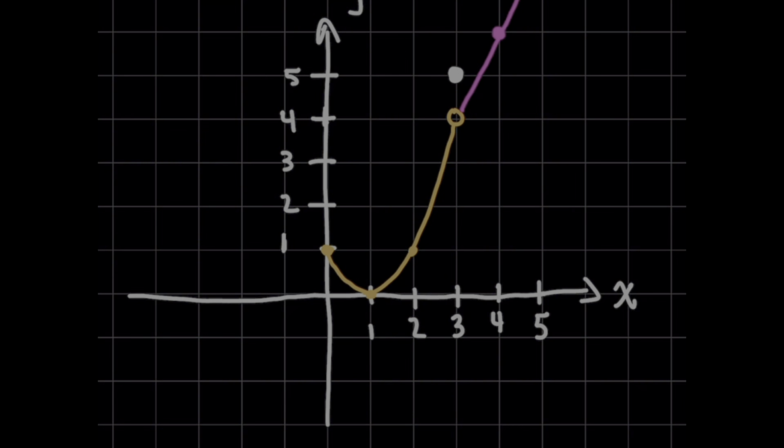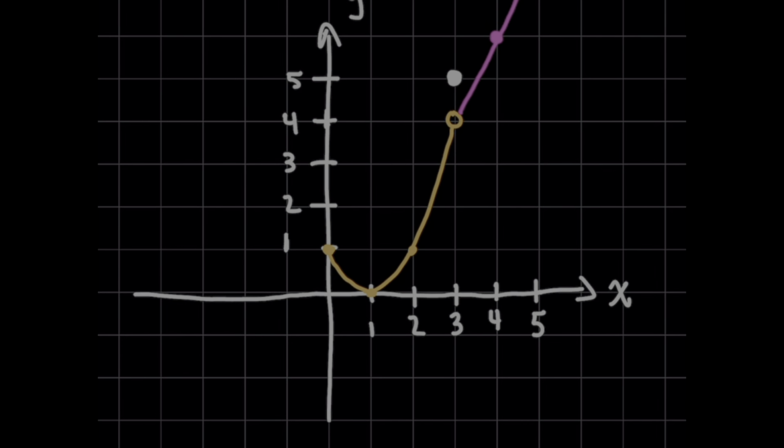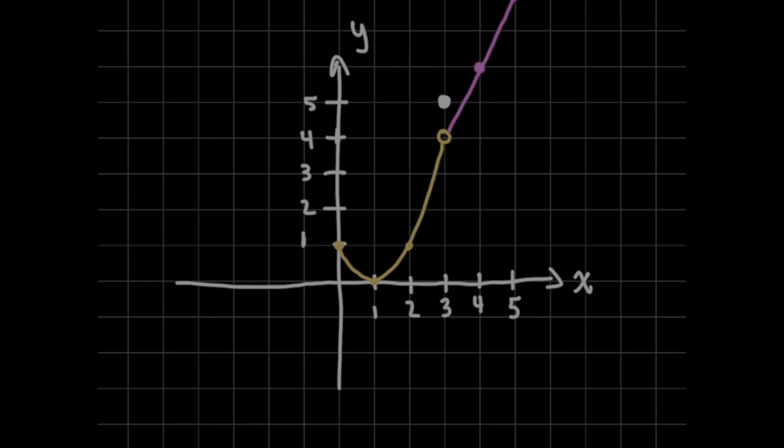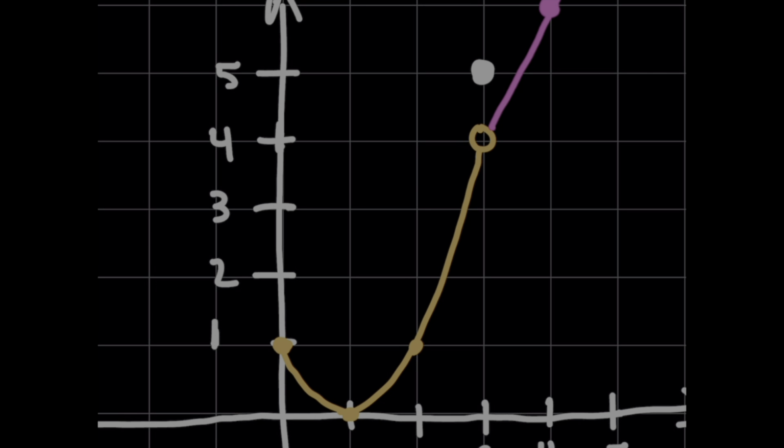You tell me in the comments below and think about it. Is the limit going to be 5 or is it going to be 4? If you got the answer as 4, congratulations, that is the correct answer, because I want you to think about getting extremely close to this value right here, this open hole.